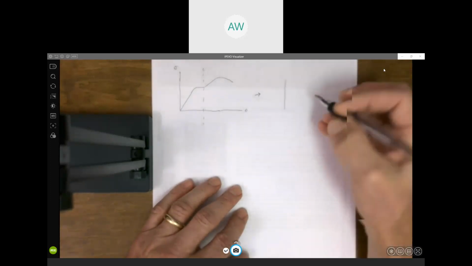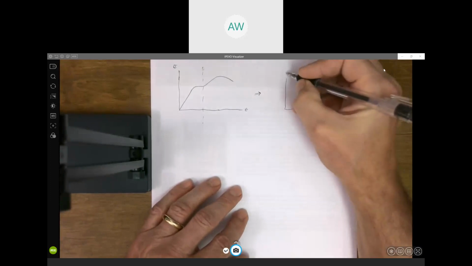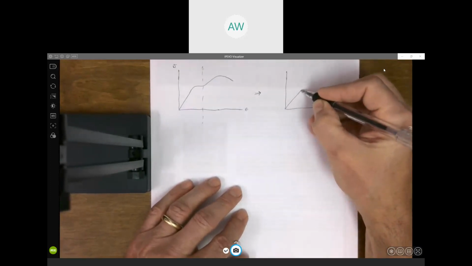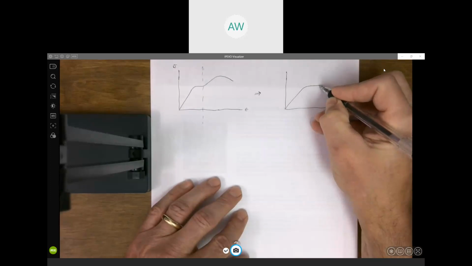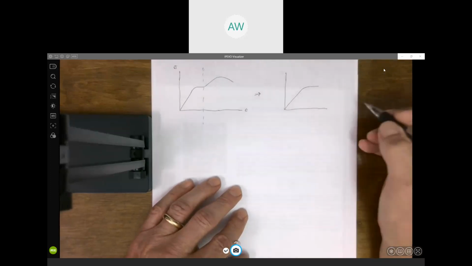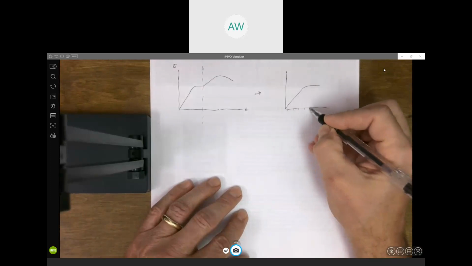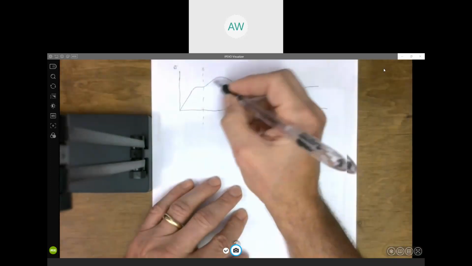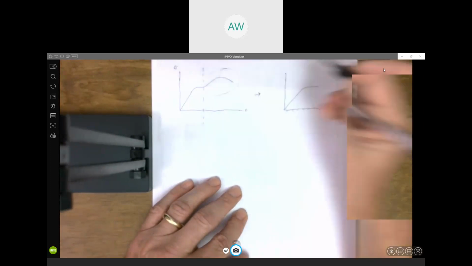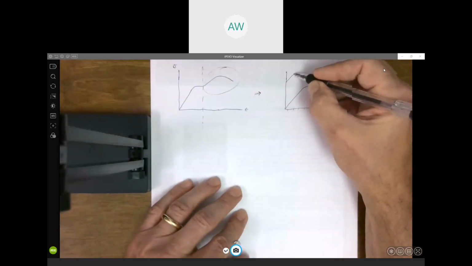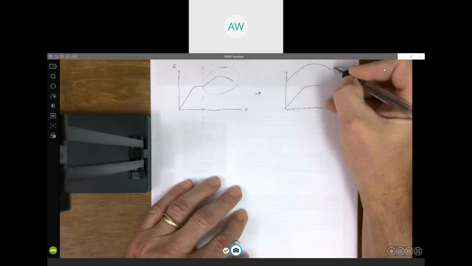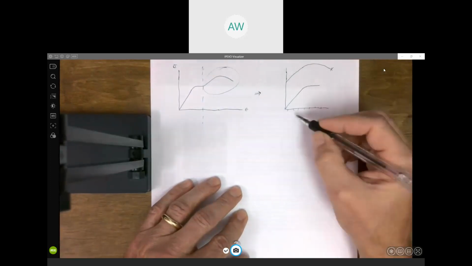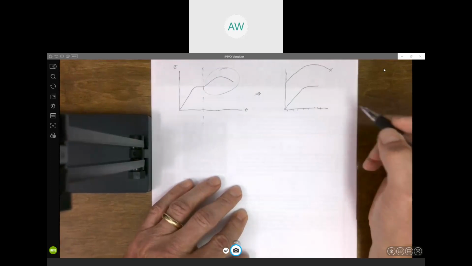What you'll see in the textbook, and I'll show you a picture out of the textbook in a second, is something like this, and then you're going to have one set of numbers down here that go with that part of the graph. And then the second part of the graph over here, they'll put on top of that, and you'll get a second row of numbers.